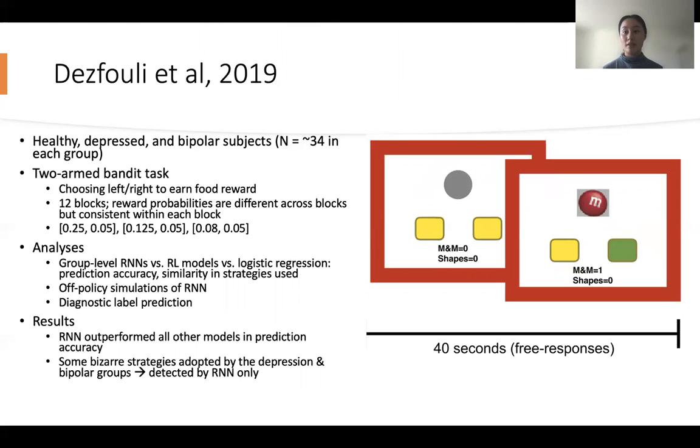This pattern of bizarre behavior was detected only by the RNN because no one would have thought of building this type of behavior into a reinforcement learning model. And finally, RNN predicted diagnostic labels well.